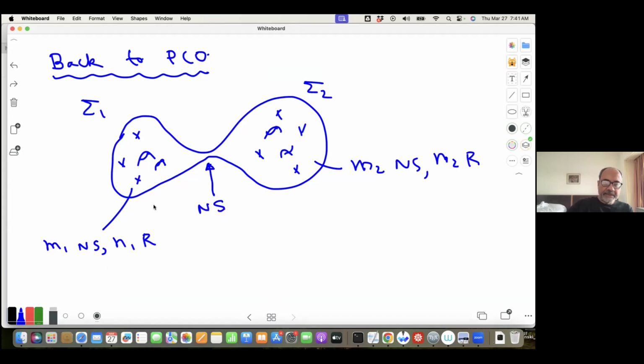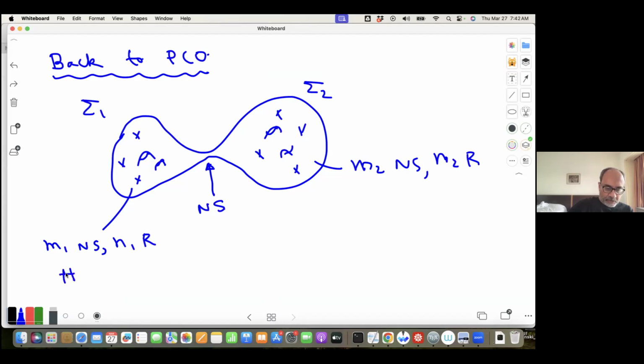So let's just do some counting to see if the procedure that we have specified can be implemented or not. If this is NS, then effectively sigma 1 has one extra NS node, right? So instead of having M1, you'll have M1 plus 1 NS.